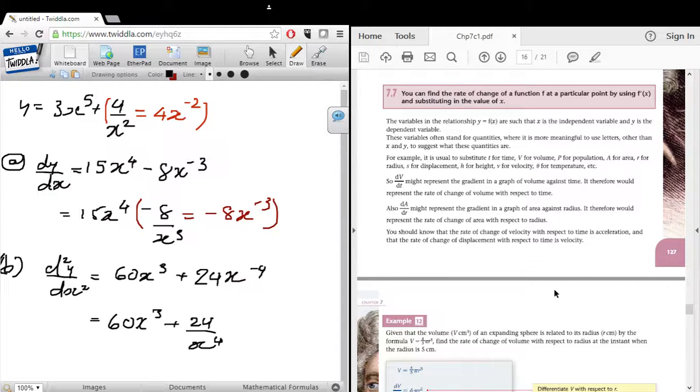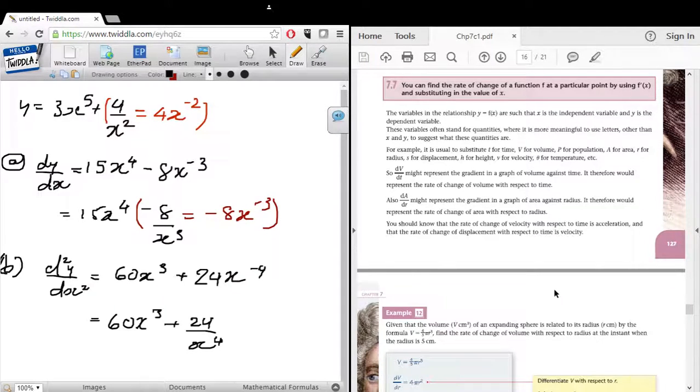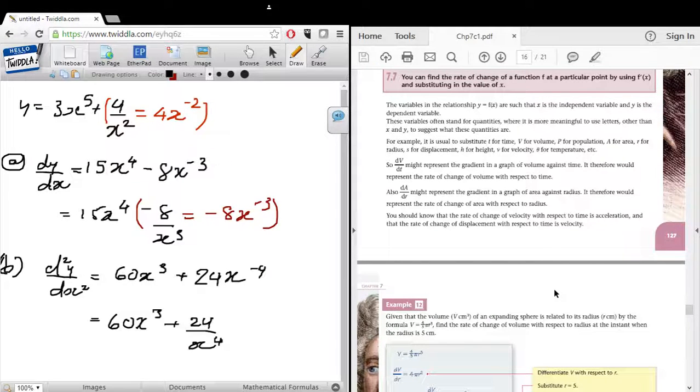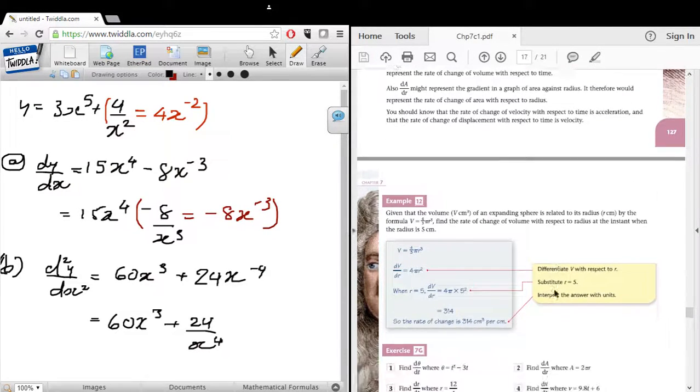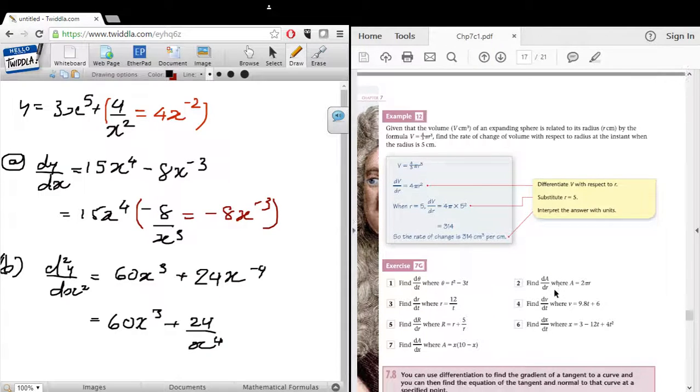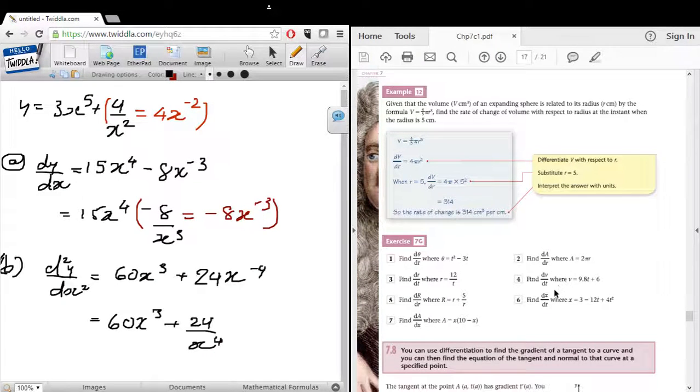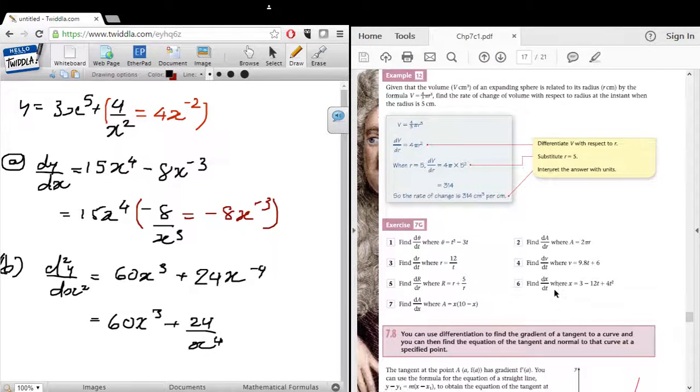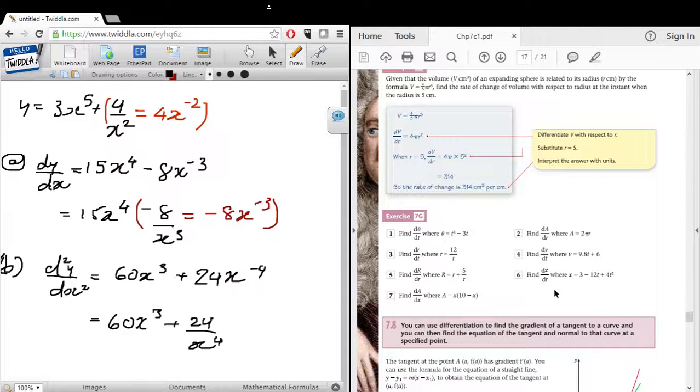It includes different terminologies and ideas to give you an appreciation of real world uses, such as volume, population, and how differentiation is vital for these particular methods.